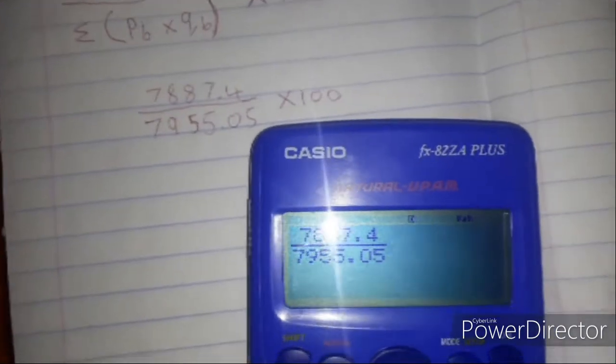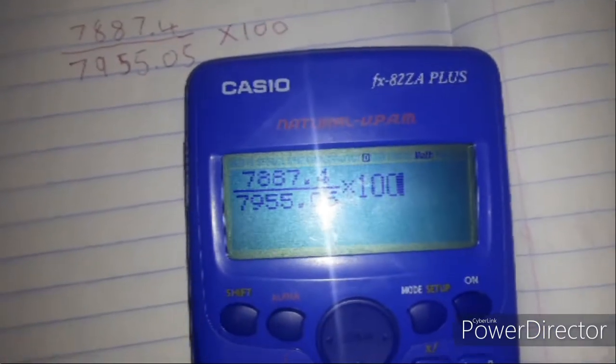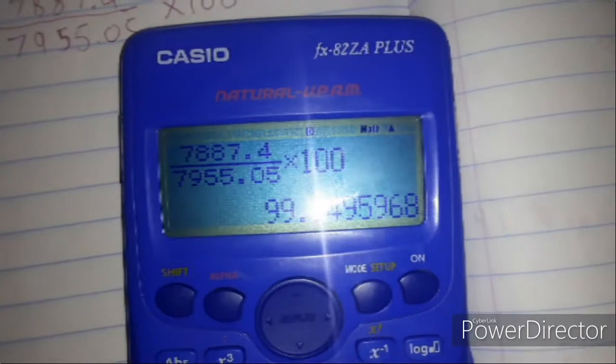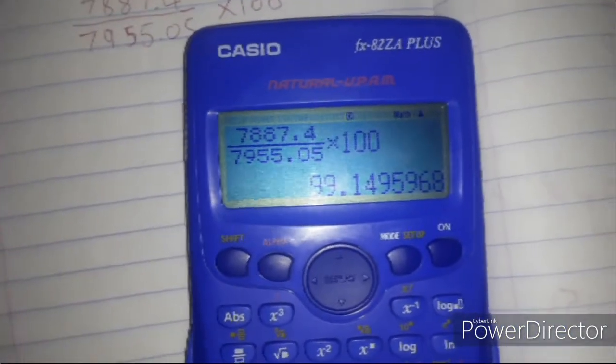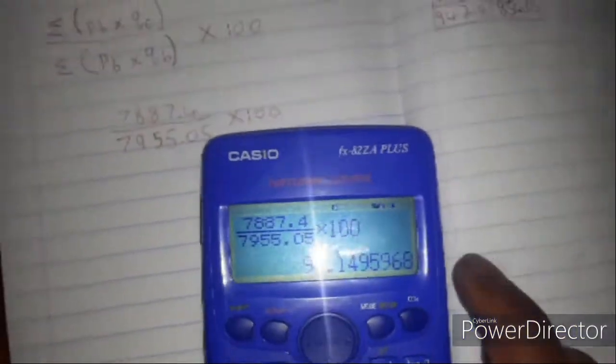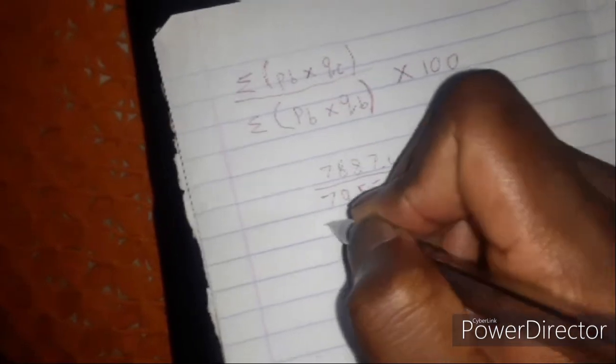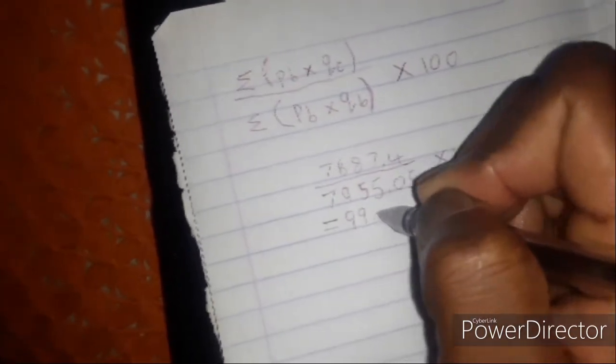Then multiply by 100. So the answer is 99.150. I will round off. So the answer is 99.150%.